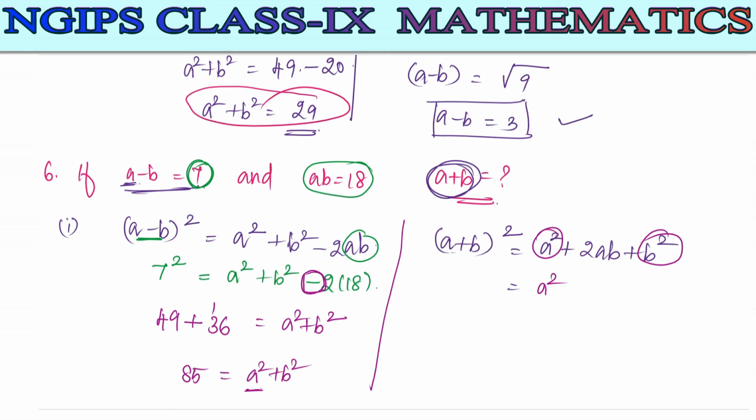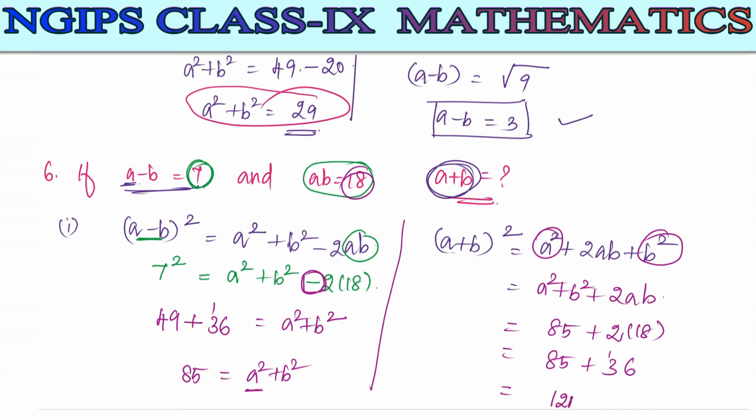So a square plus b square plus 2ab, the value of a square plus b square is going to be 85, plus 2 into ab value, which is going to be 18. So when you add this, 85 plus 8 twos are 16, 6 remainder 1, 2 3s are 36. So when you add both here, 1 remainder 1, 8 plus 3 is 11, 11 plus 1 is 12.